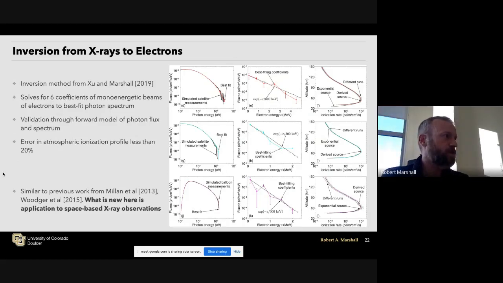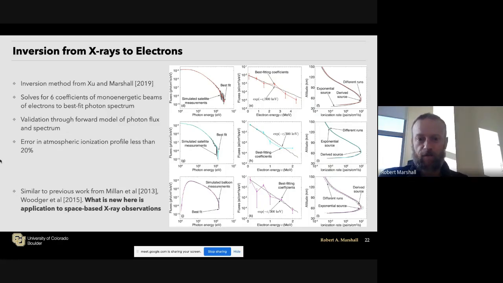So I'll quickly say something about this inversion. I'm showing you some plots here. If you look at the first column of plots, the 3 on the left, those show the simulated photon energy distributions.